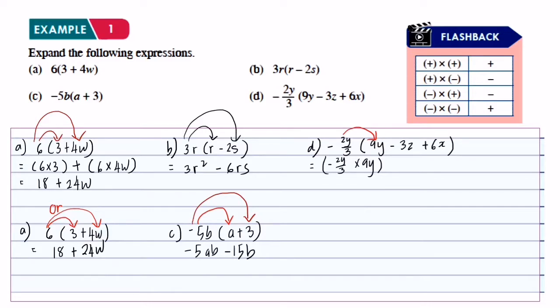Okay, so next one is negative 2y over 3 times negative 3z. So you know negative times negative is positive. And we have 2y over 3 times 3z.